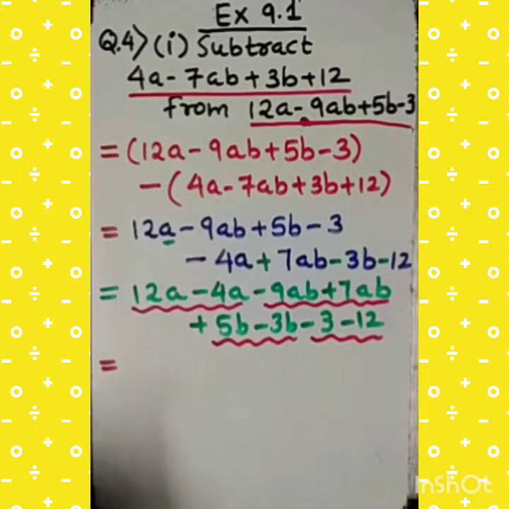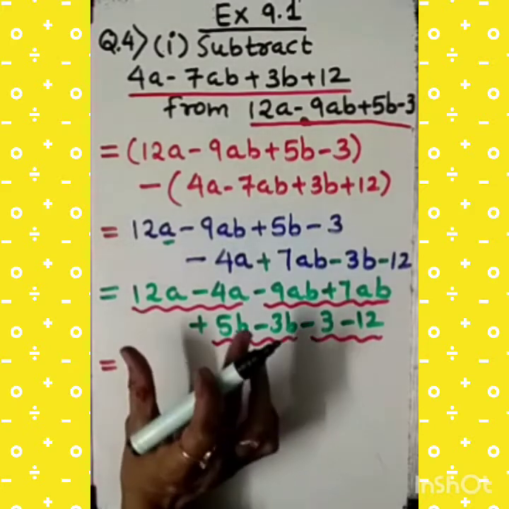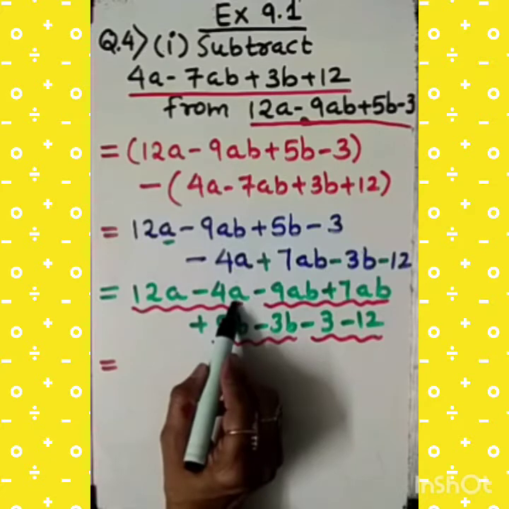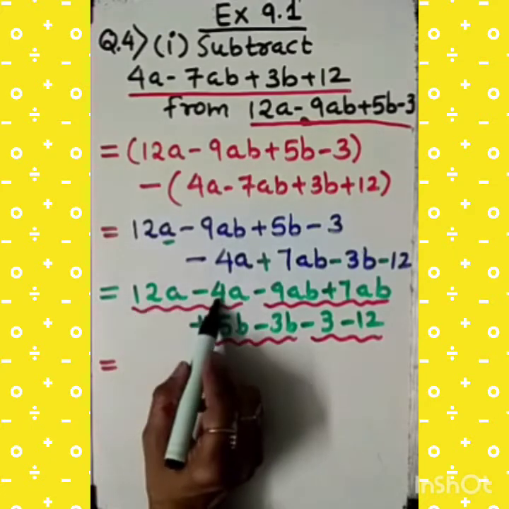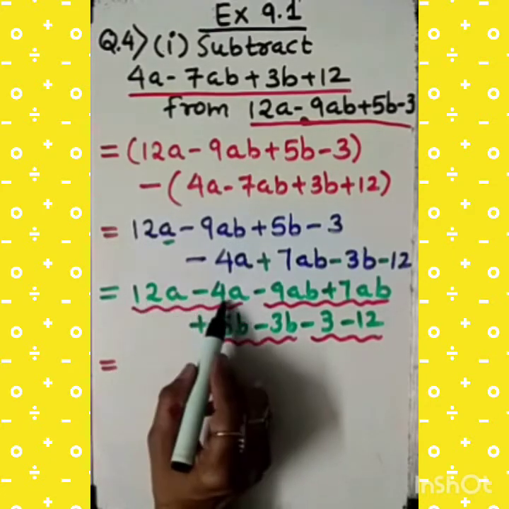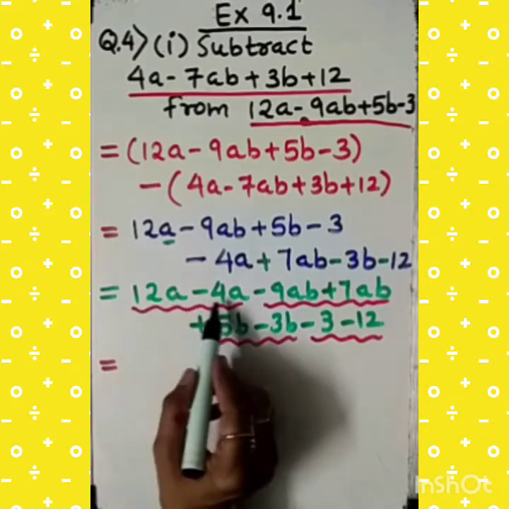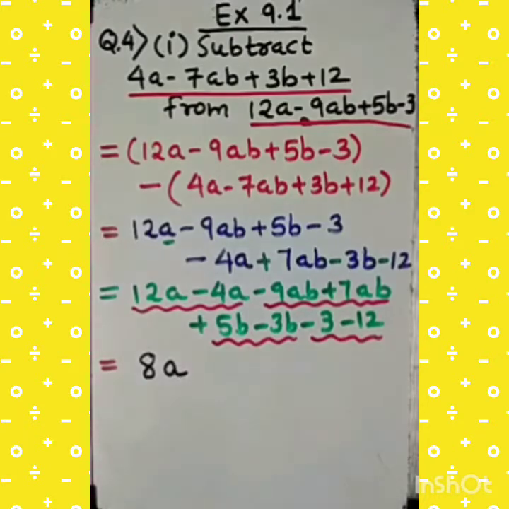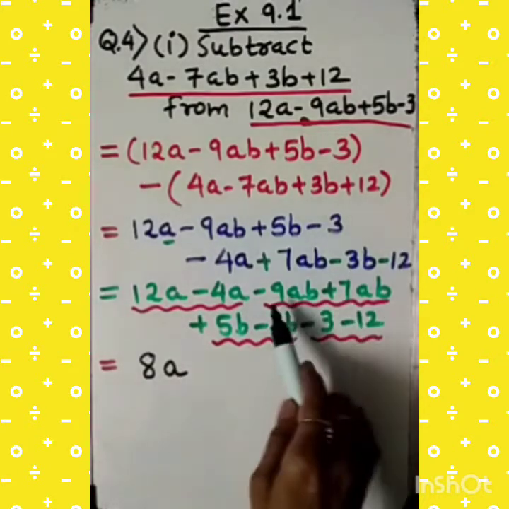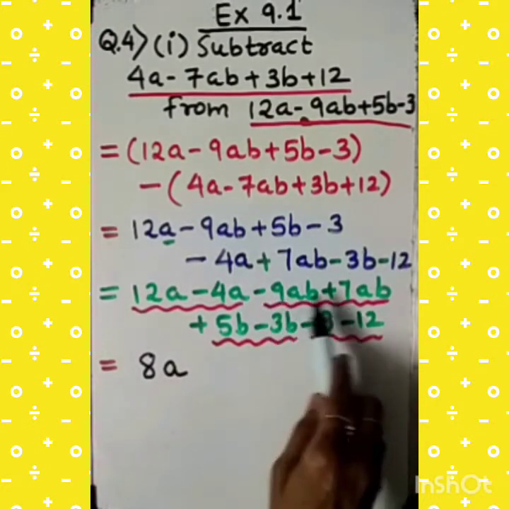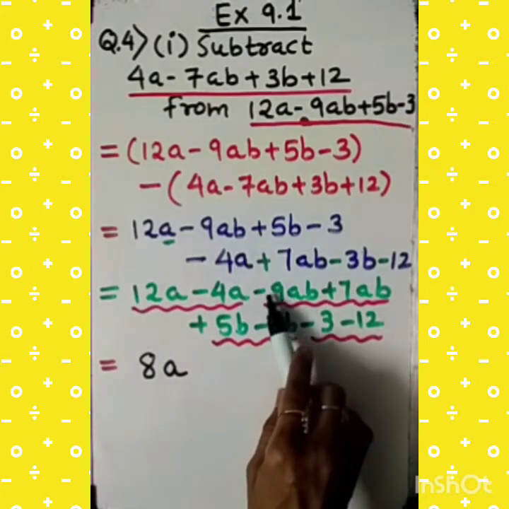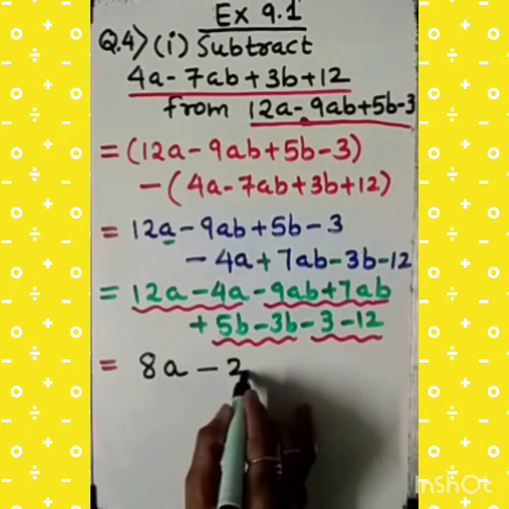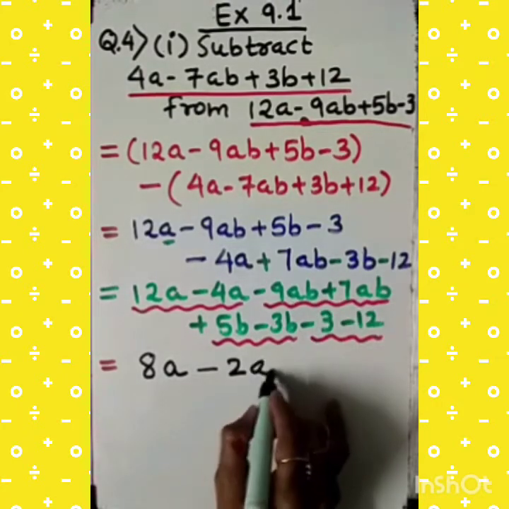Now 12a minus 4a. How to simplify? Here it is a, here it is a, so we work on the coefficients. 12 minus 4 gives 8a. Now minus 9 plus 7 gives the result minus 2, and ab is there, so minus 2ab.